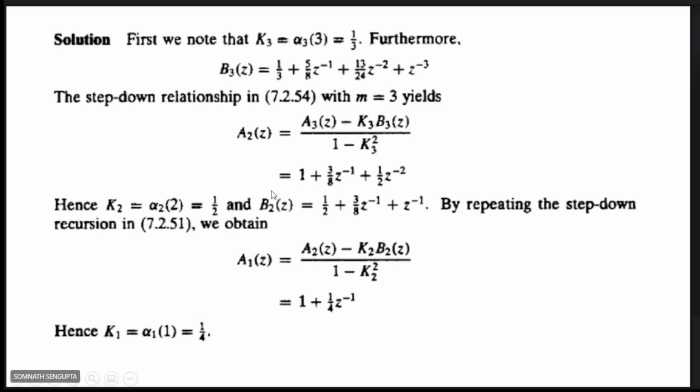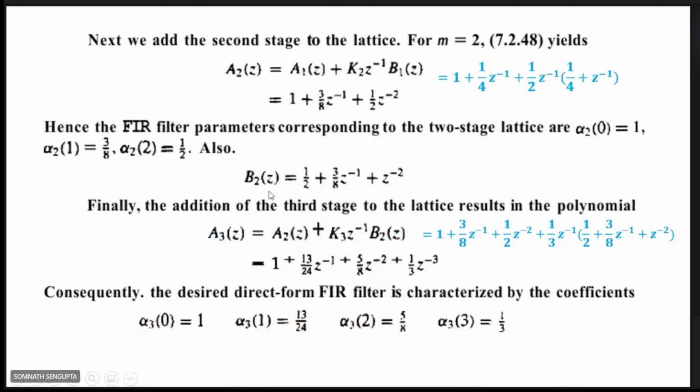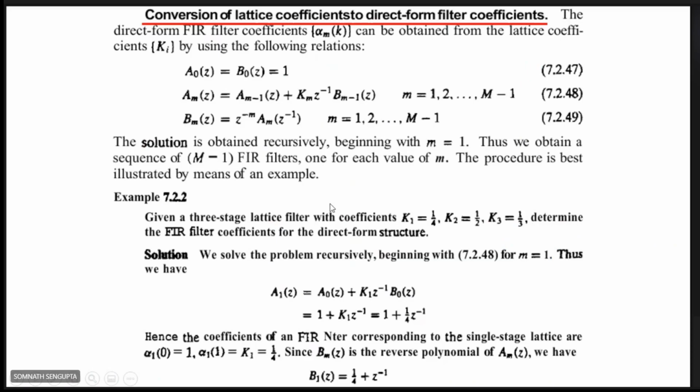And in the previous example, we calculated the direct form coefficients from the lattice coefficients. So in this example, you see the difference. There it is written in terms of only the lattice coefficients K1, K2, K3. And from that, when you calculate the polynomial, you have to follow the step up approach.